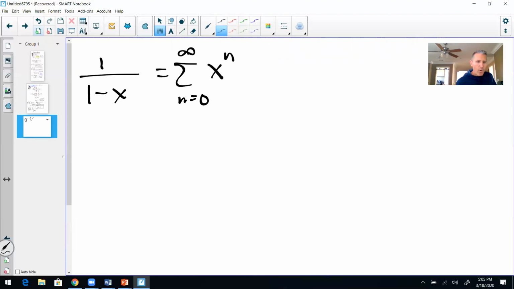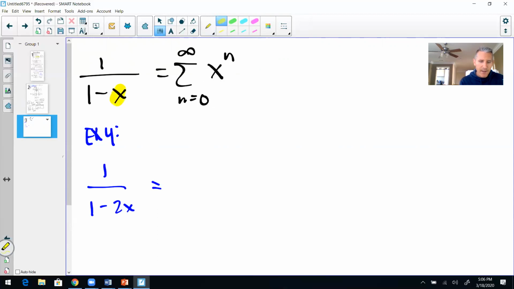So this is example 4 from the book, and it just says, what about 1 over 1 minus 2x? What's that equal to? Well, all that we're doing here is we're replacing that x right here with now a 2x.